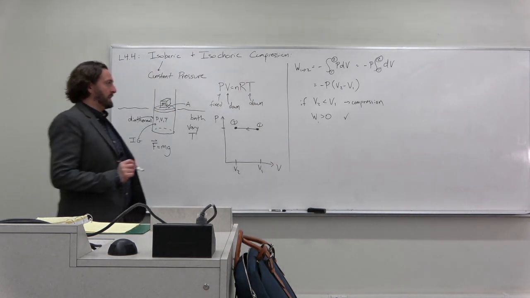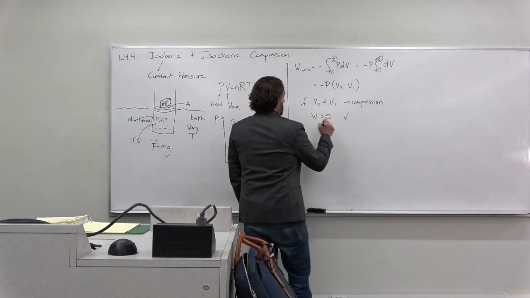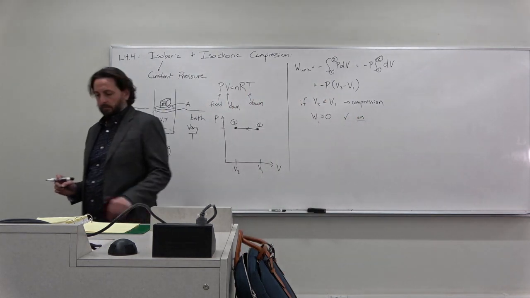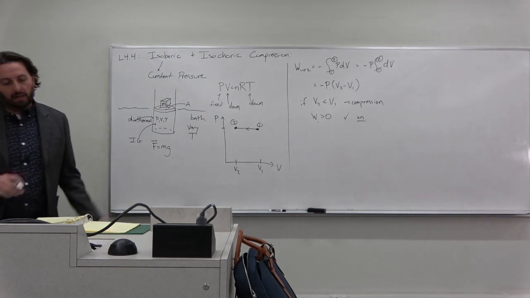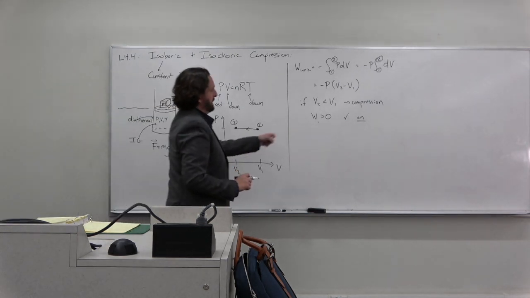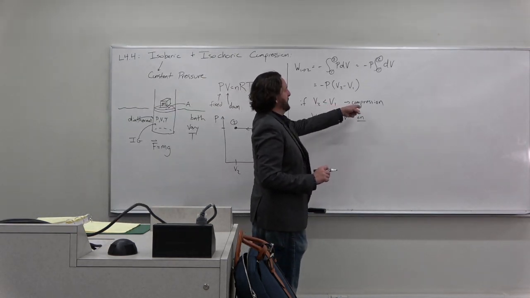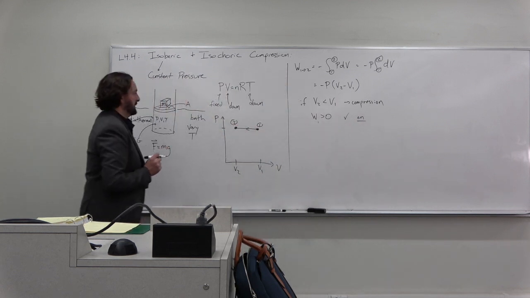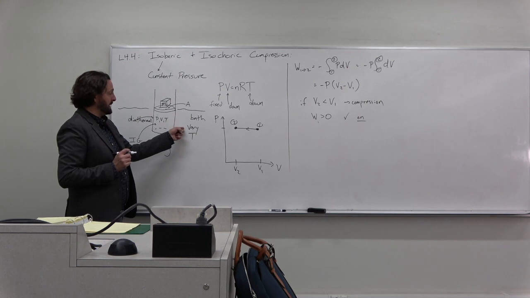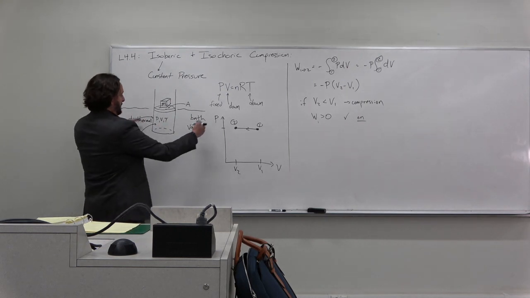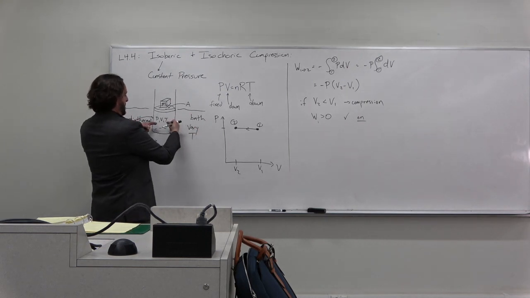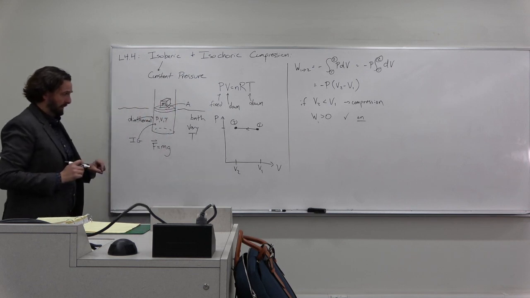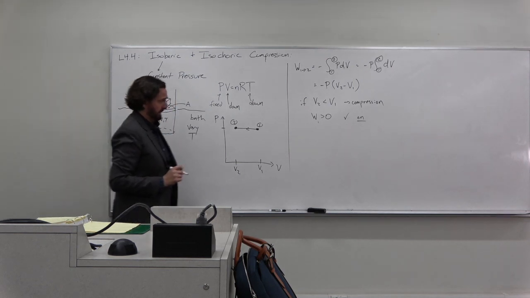That just meant that work was done on our system. If we had flipped it around, if V2 were greater than V1, we'd be doing expansion. To do that, we would have to increase the bath temperature. Heat would have to flow in, the temperature would have to rise, and our piston would go up, our volume would go up at fixed pressure.